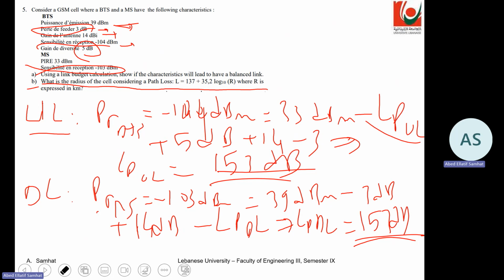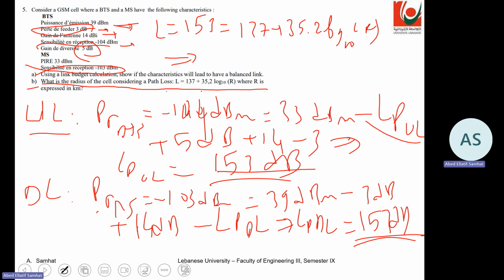So we have L equal 153. In this case, L equal 153 dB, which is equal to 137 plus 35.2 log 10 of R, where R is given in kilometers.